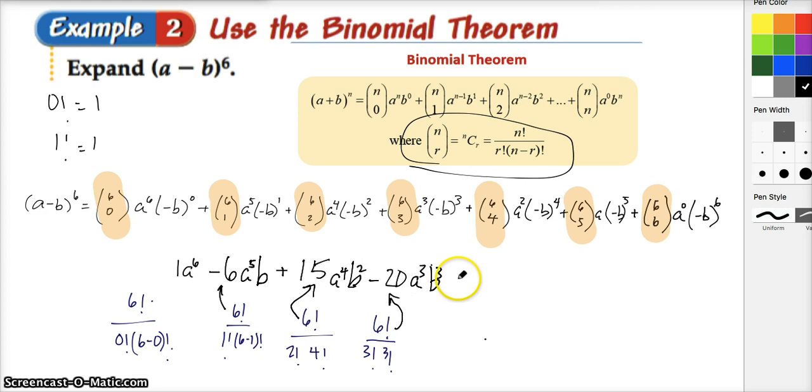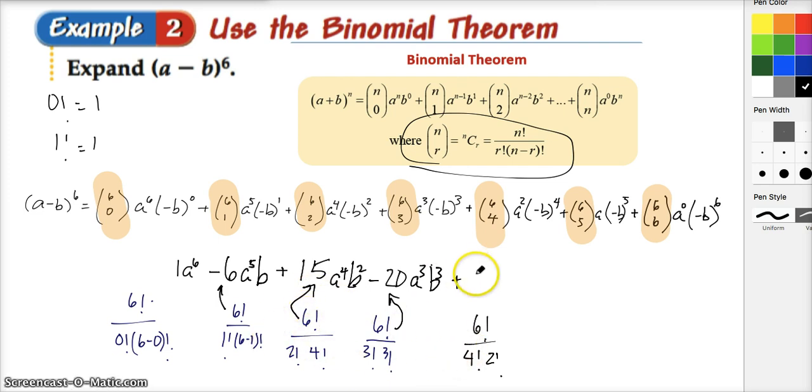I'm going to keep going with this. I'm hoping that it's making sense for us. And then this is going to be 6 choose 4. So 6 factorial over 4 factorial times 6 minus 4 factorial, which is 2 factorial. Look what happened. We reached the bend. So here, I know that I got the same thing. These are the same things.